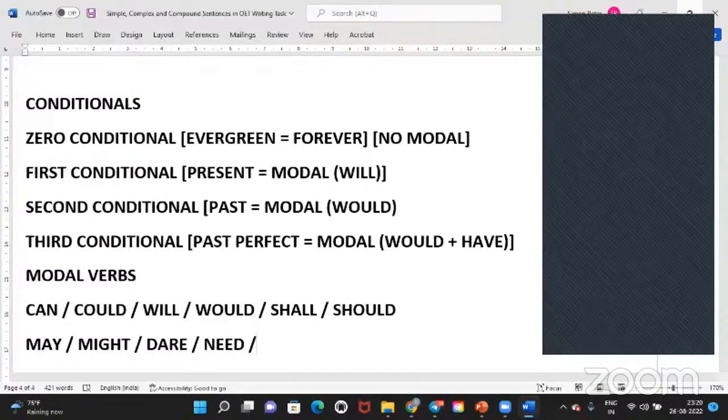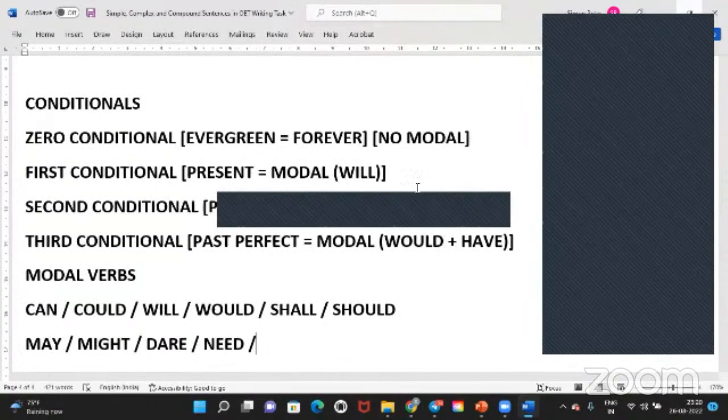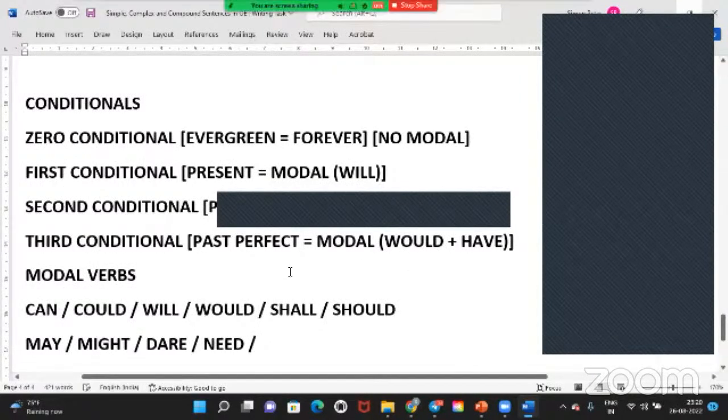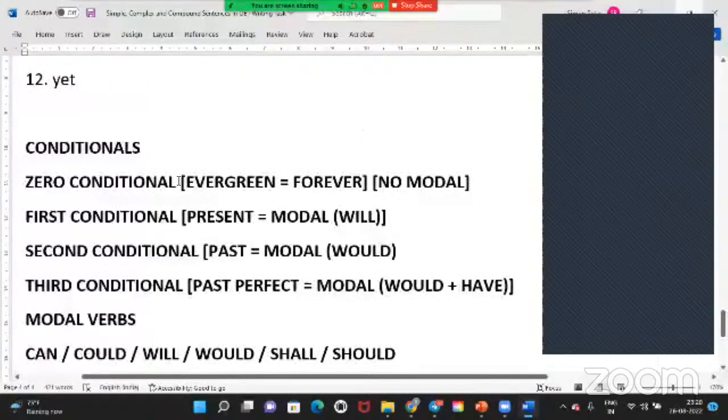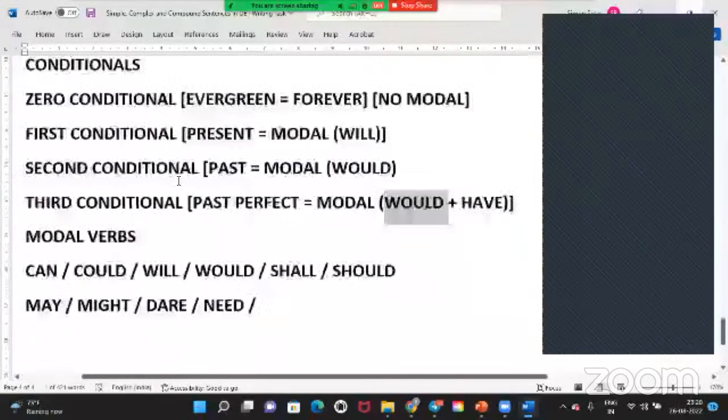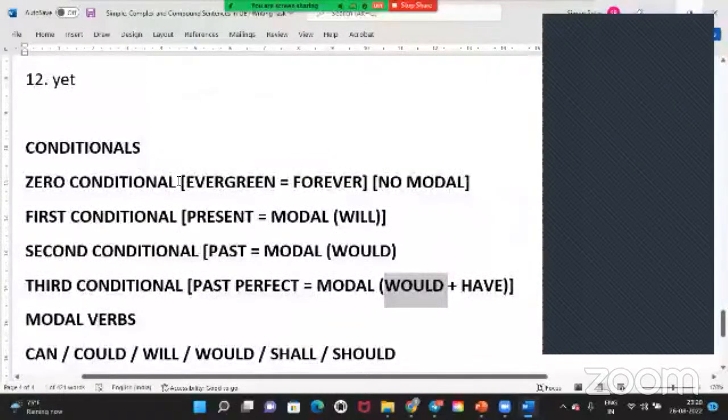Okay, majority will be used for need. So now these are called modals. Will, would. So first one, if you heat ice, it melts. If you freeze water, it becomes ice.